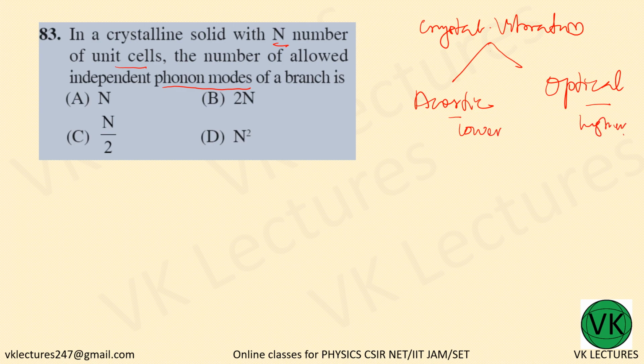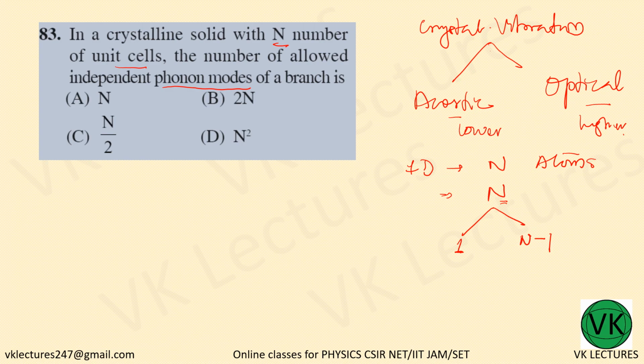Now in one dimension, if there are n atoms, then the total number of phonon vibrations will be equal to n, where again you can classify the n vibrations: few of them will be optical and others will be acoustic. There is only one acoustic and n minus 1 optical frequencies.